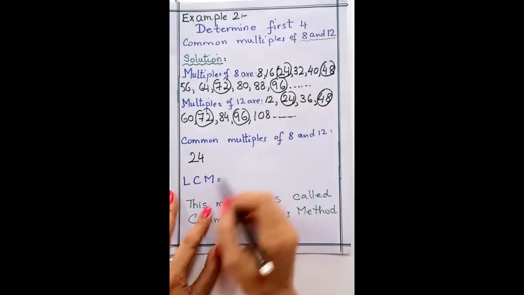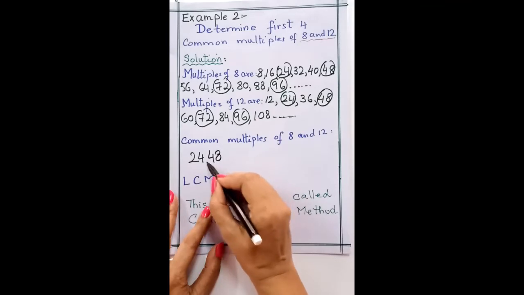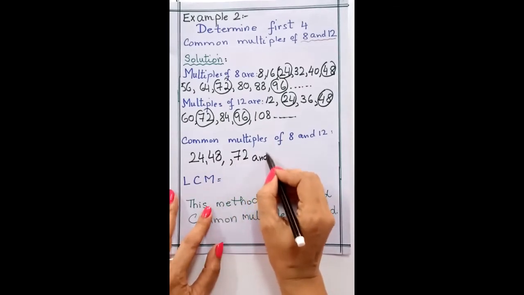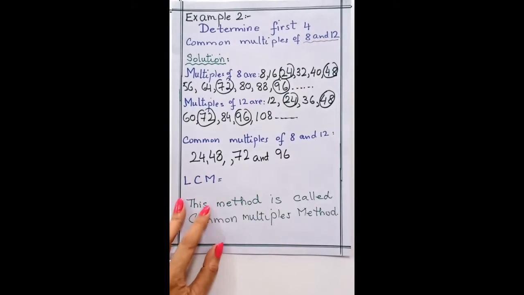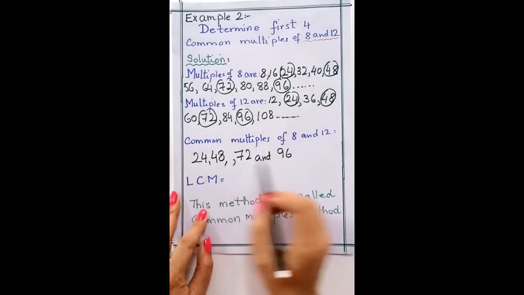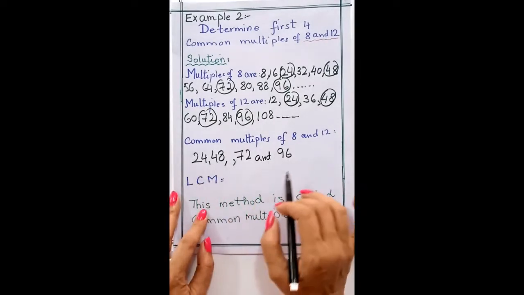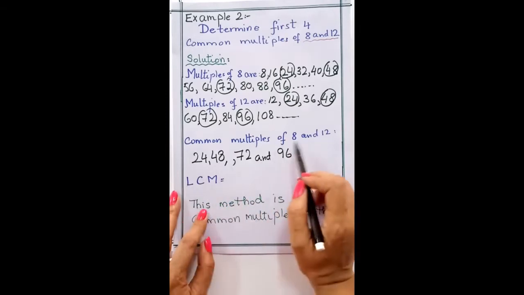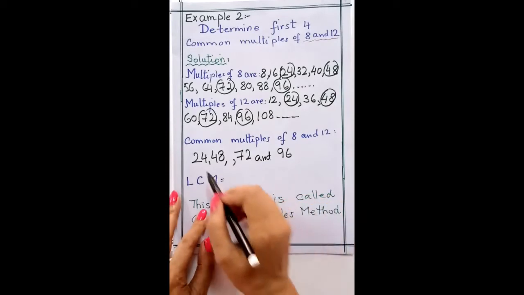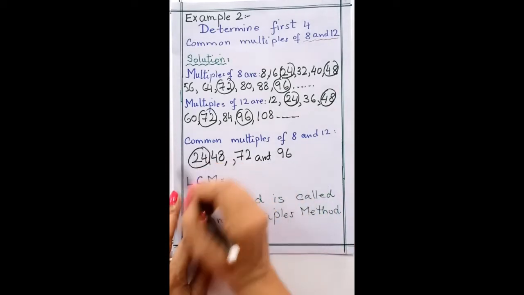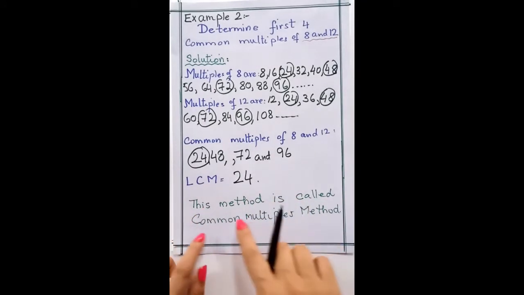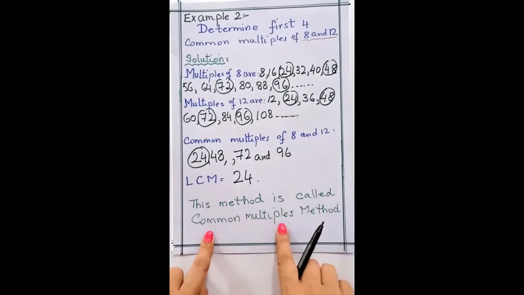So 24, 48, 72 and 96 are the common multiples of 8 and 12. So now we will find the least common multiple of 8 and 12 from these 4 common multiples. So the least common multiple is 24. So students, this method is called common multiples method.